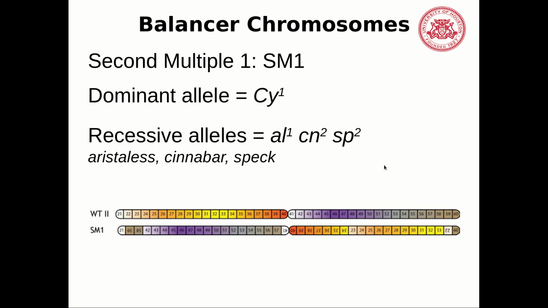Second multiple, SM1, dominant allele CY. So how do you say this? Well, there are several here. Notice we have our first non-dominant alleles with small letters. We have Cinnabar 2, for instance, or Sp 2.